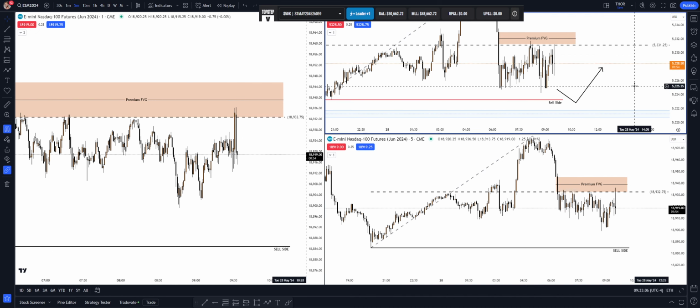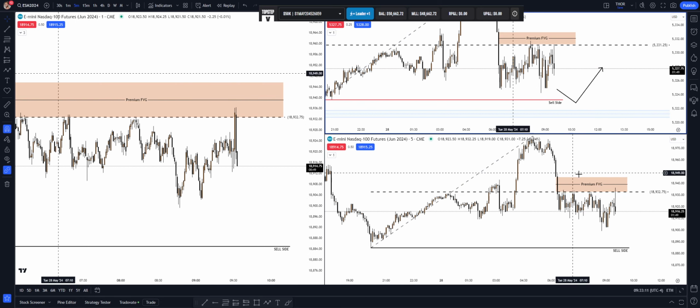There's a new SMT divergence. This one's on the 5. Not confirmed yet, but it's probably going to be there.